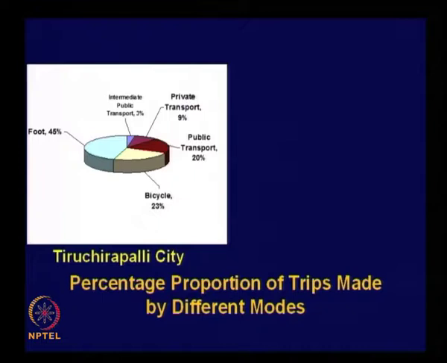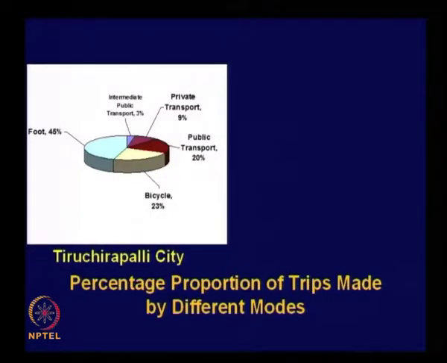A lot of agricultural workers just walk for any purpose, there is no possibility of making use of other modes, mostly they walk. Another point is, when you account for trips made by foot, in this particular case trips of all lengths were put together.